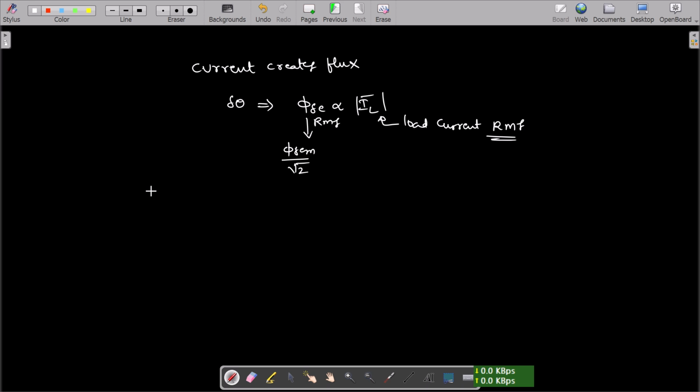So on the aluminum disc we are going to have eddy EMFs, because of Faraday's laws of electromagnetic induction.